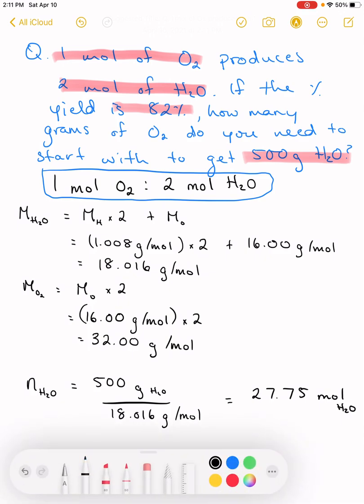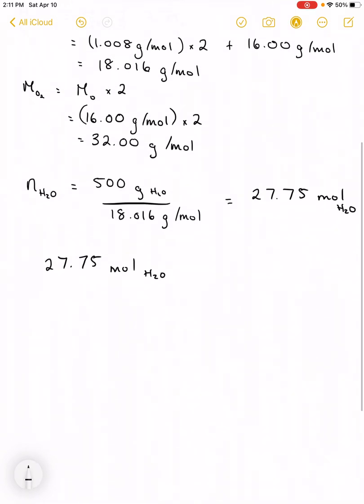So to find the number of moles of oxygen I need, I can just divide by 2. And that'll give us 13.88 if I'm rounding. Leave the value in your calculator though, don't round until the end.